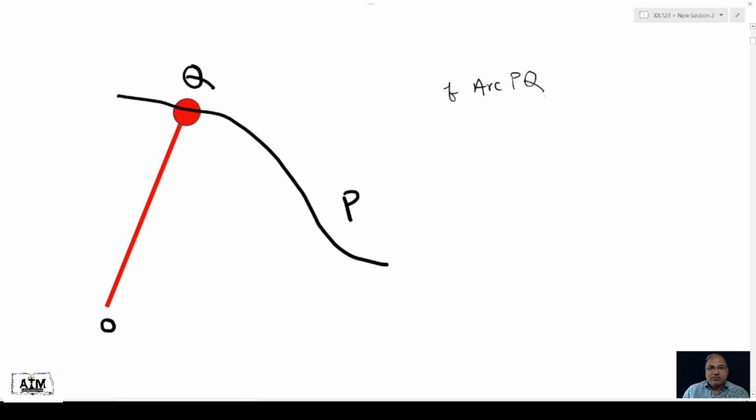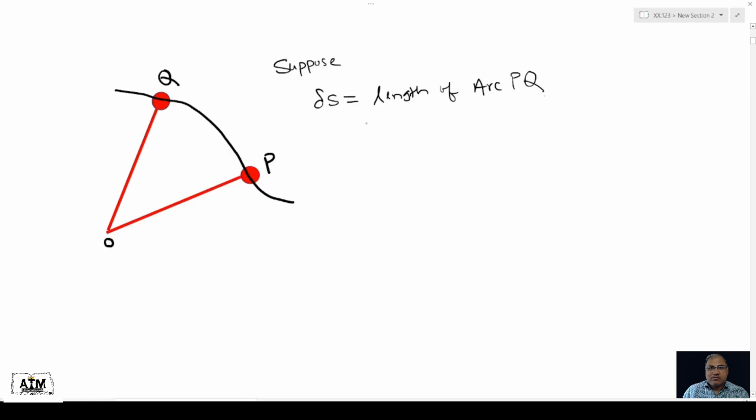Suppose delta S equals to length of arc PQ and P is approaching Q, that is P and Q are very close to each other. And let us call the coordinates of point P as x, y, z.